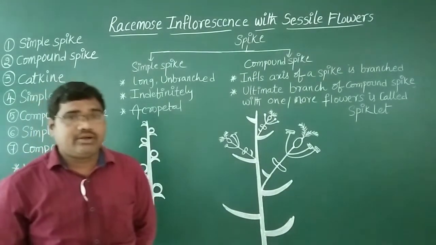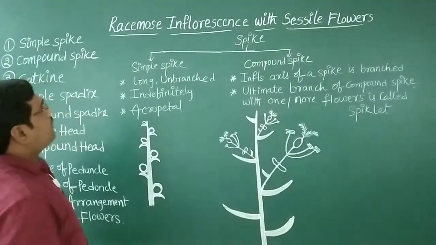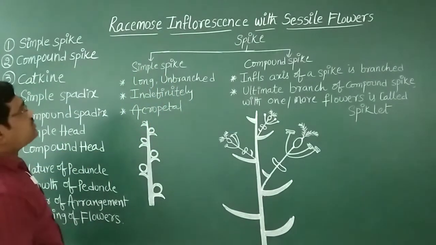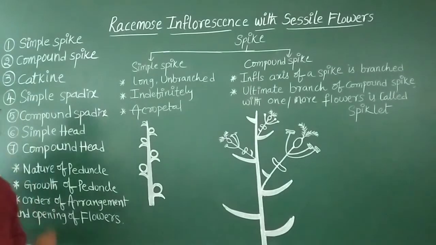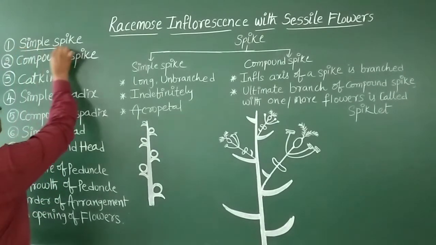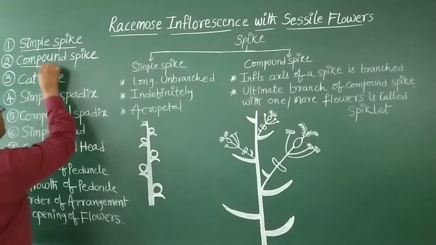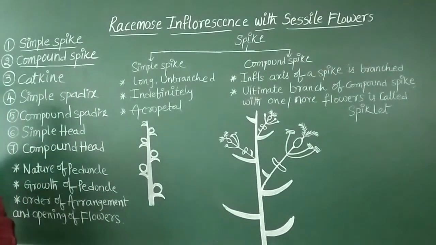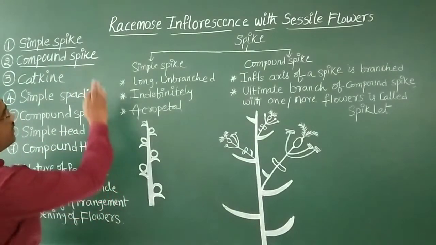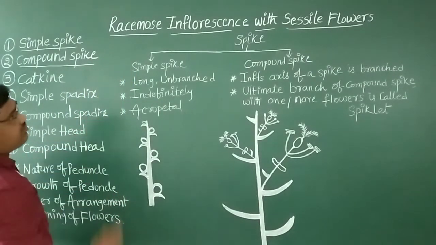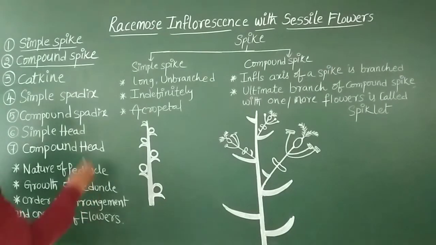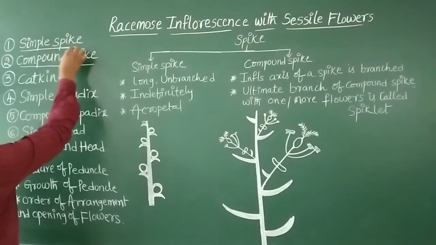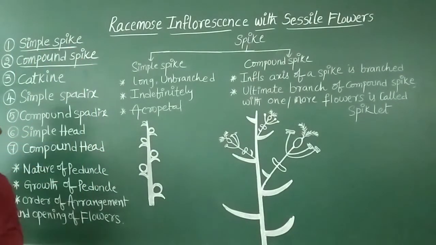In this video, I am going to explain only what a simple spike is and what a compound spike is. So here, in this racemose inflorescence with sessile flowers, in this video I am going to explain only the simple spike and the compound spike.